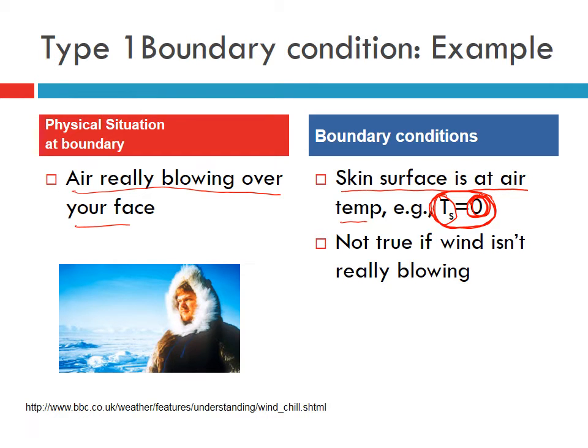So surface temperature known or given is the type 1 boundary condition. This is not true if wind isn't really blowing. We're going to learn more about these later. So this is true only for blowing.